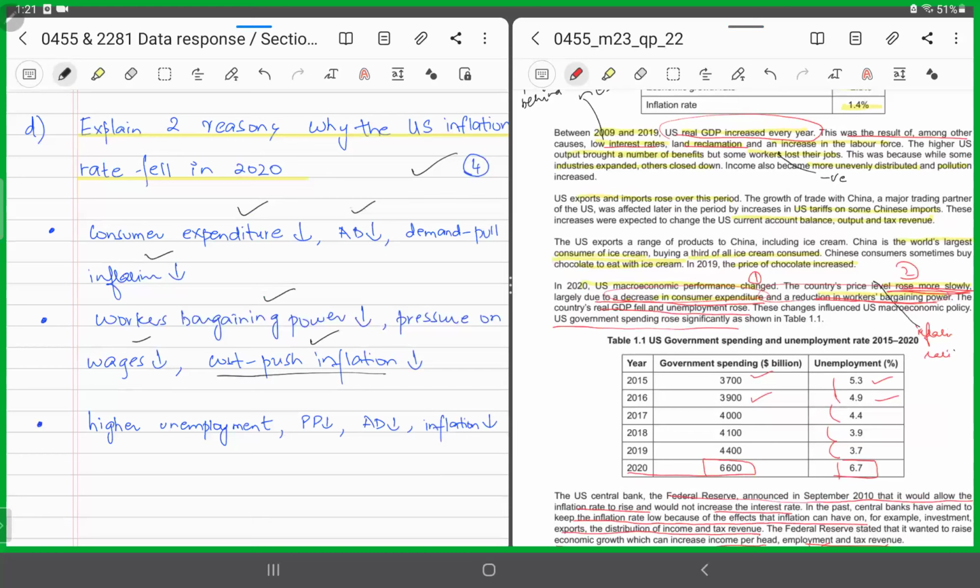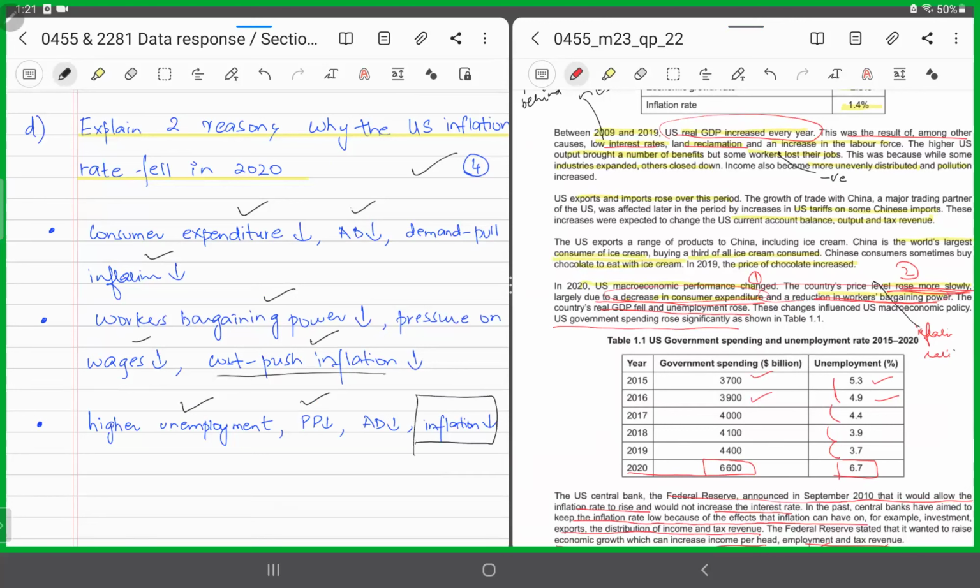Or you could also say that since there was high unemployment, the purchasing power of people, or the purchasing power of employees, had fallen. So as a result, they were spending less on goods and services. So again, when you are spending less on goods and services, the price of goods and services is going to fall and the inflation level is going to fall.